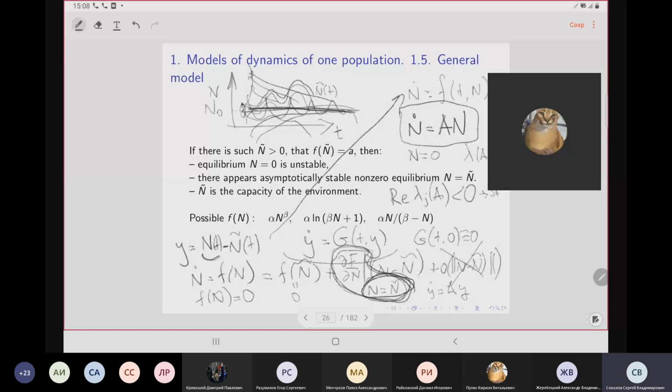And we remember that if there are some eigenvalues with a 0 real part, then we cannot say anything about the linearized equation, and we must use Lyapunov functions and so on. We'll touch Lyapunov functions a little, but we'll not try to calculate anything or to prove theorems. We just use the results.